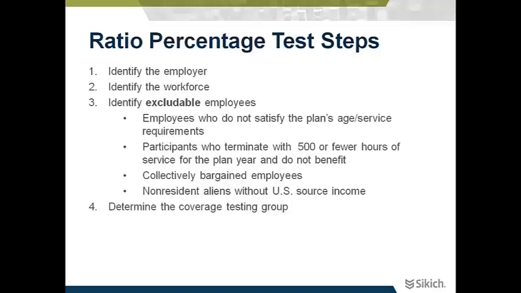Who is the employer? Usually it's a single entity, but it could be a controlled group or an affiliated service group. Who's an employee? Who do we include in the coverage test? Well, coverage testing takes into account all employees who receive compensation during the testing year, including all employees of other companies that belong to the same controlled group or affiliated service group.